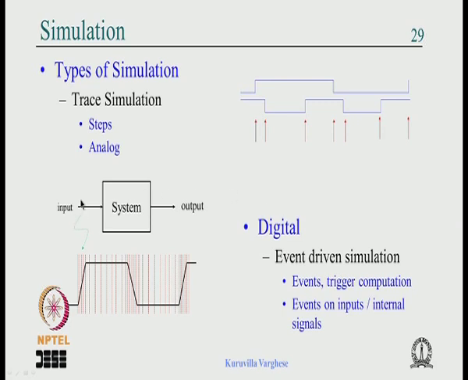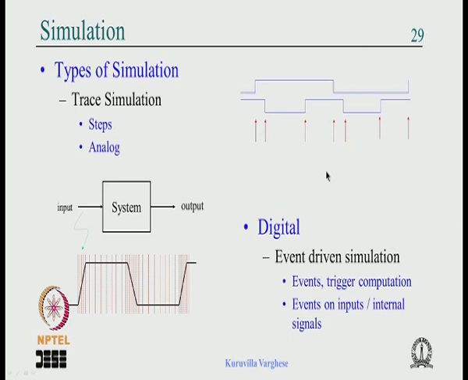You give inputs to various input signals, then you have to compute, but because of the input something can change internally, and at that time also that should trigger a computation. So in digital circuits, unlike analog circuits, we use event driven simulation, like for a combinational circuit.